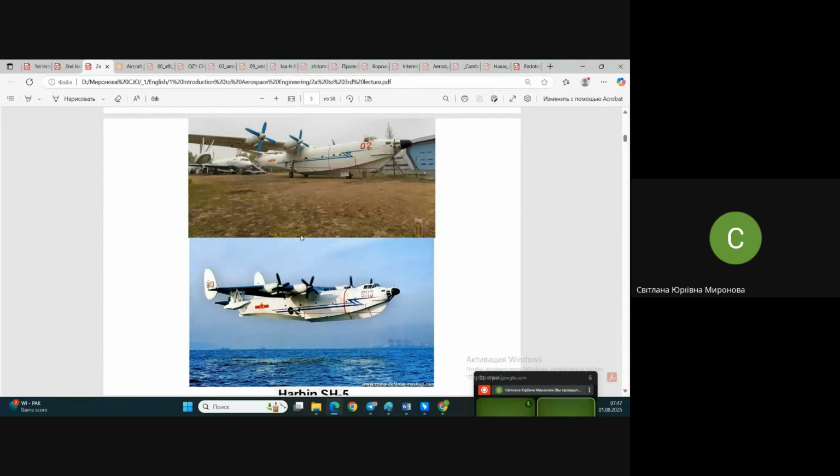Conventional scheme, but in this conventional scheme, there is an interesting peculiarity, not much visible on the top photo, but visible at the bottom one. Stabilizer, high stabilizer by the word, it's higher than the fuselage. It's not inside of the fuselage, but it's not a T-shaped stabilizer. It's higher than the fuselage, but not much.